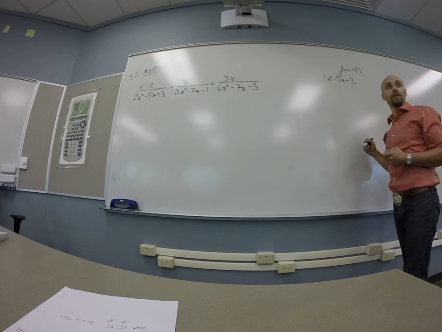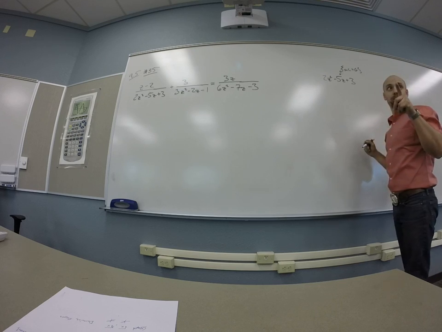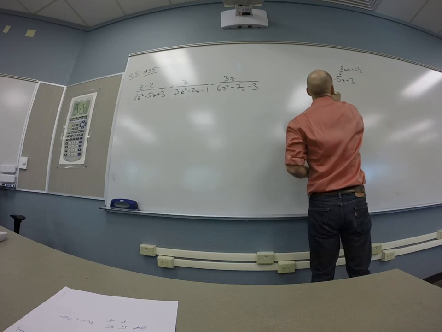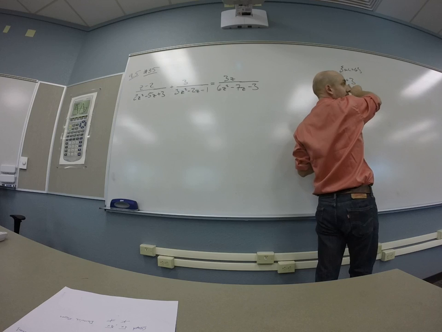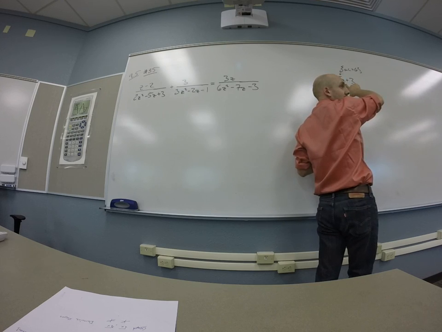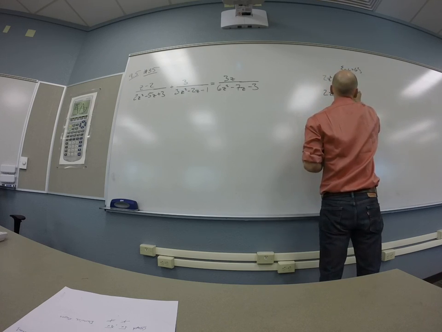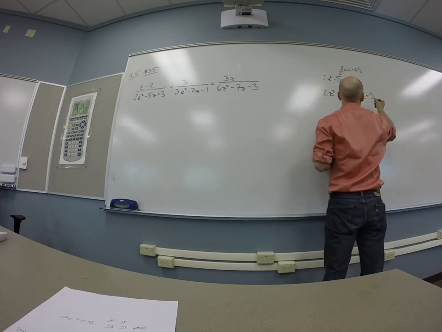Negative 1 and negative 6? Negative 3 and negative 2. That's what I want. Multiply to 6, add to negative 5 is negative 2, negative 3. So maybe 2z squared minus 2z minus 3z plus 3.